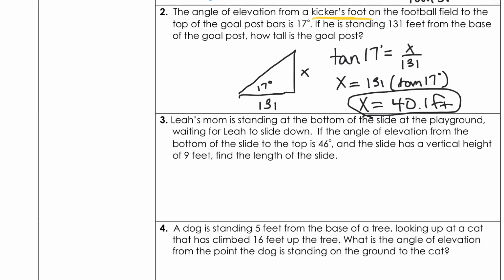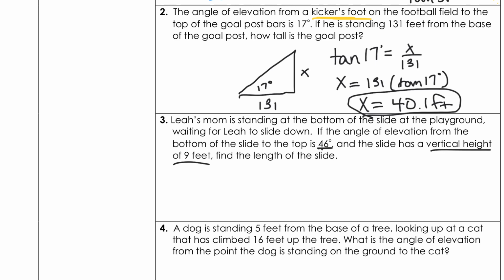So, number 3. Leah's mom is standing at the bottom of the slide at the playground, waiting for Leah to slide down. If the angle of elevation from the bottom of the slide to the top is 46 degrees, and the slide has a vertical height of 9 feet, find the length of the slide. All right, so now this one's going to be a little bit different.